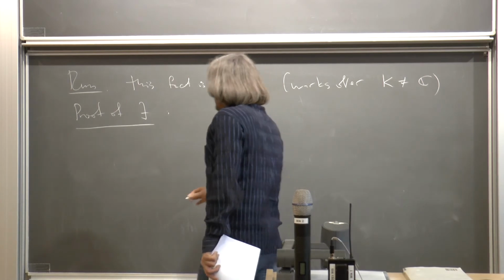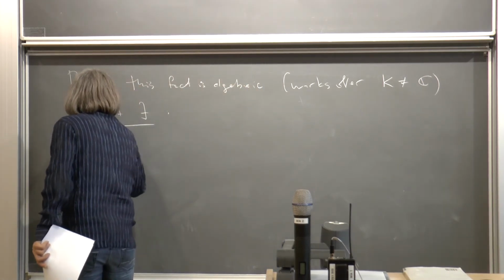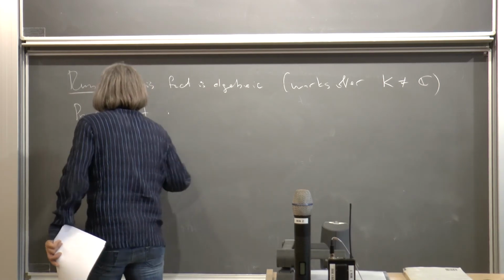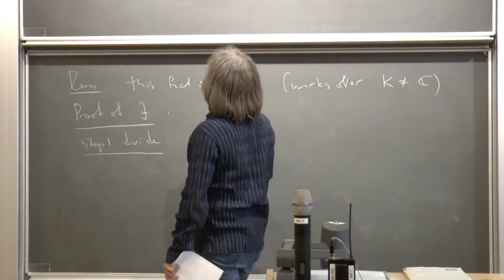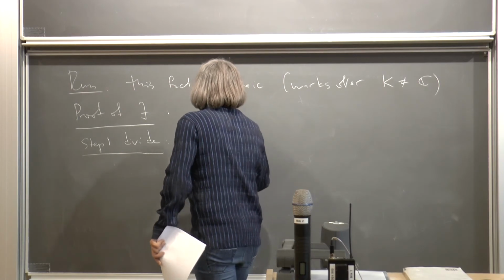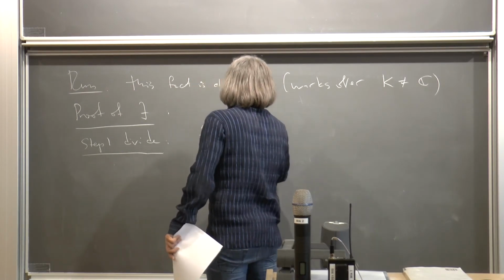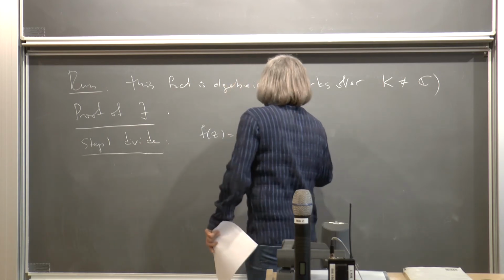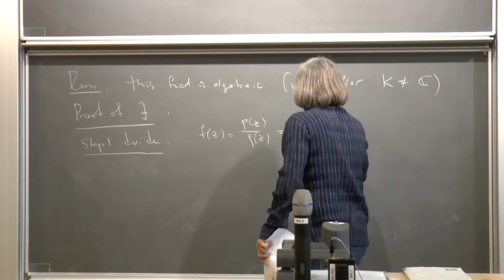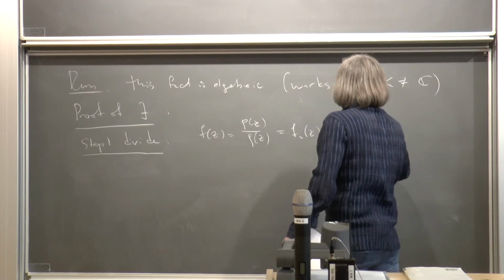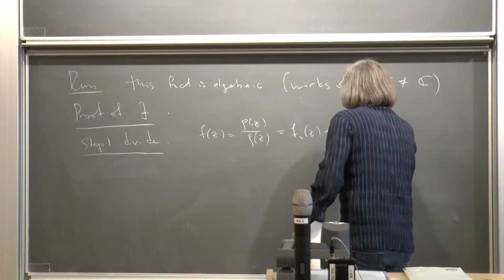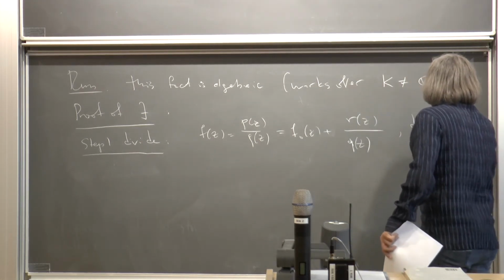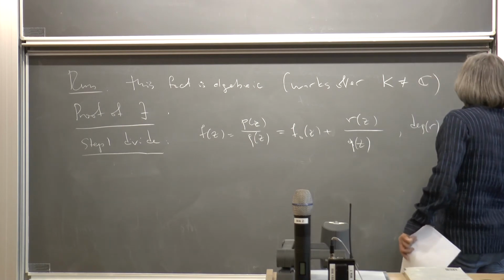So first of all, divide. First step, divide with residue. So f of z, which was p of z over q of z, will be f naught of z plus r of z over q of z, where the degree of r is strictly less than the degree of q.